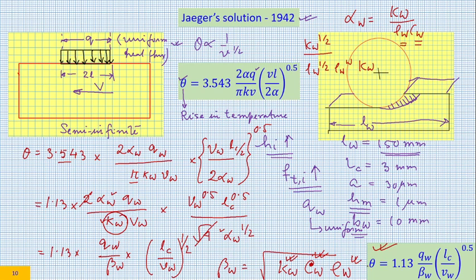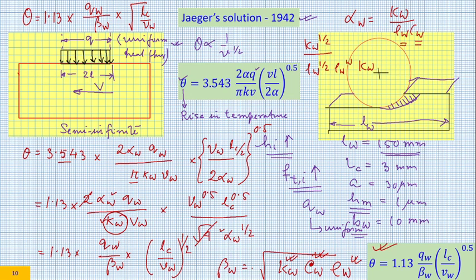So can I estimate grinding temperature? Let us rewrite this equation here. LC is contact length, decided by downfeed and diameter of the workpiece. So we can estimate that.